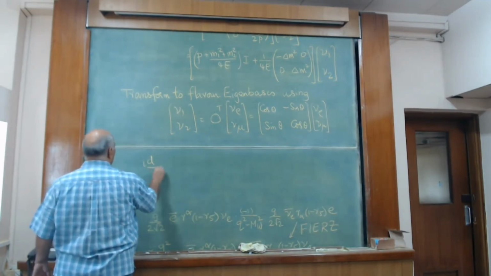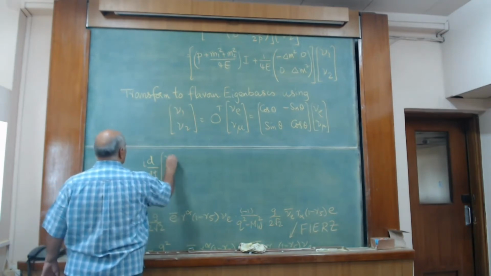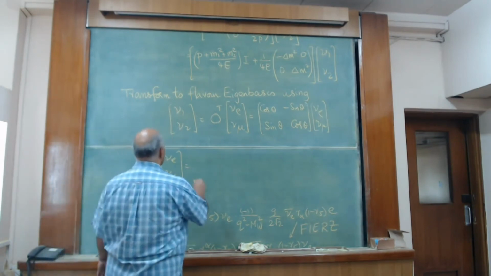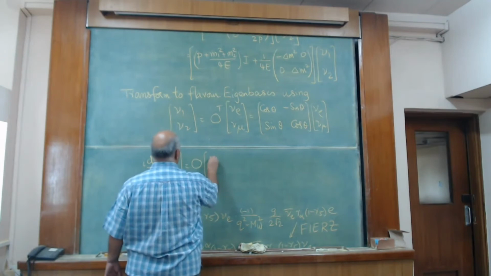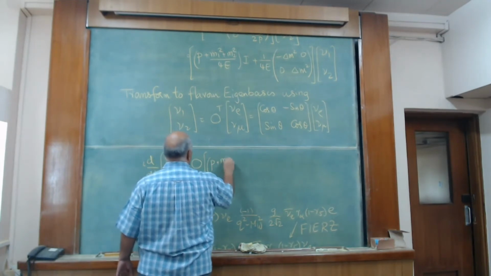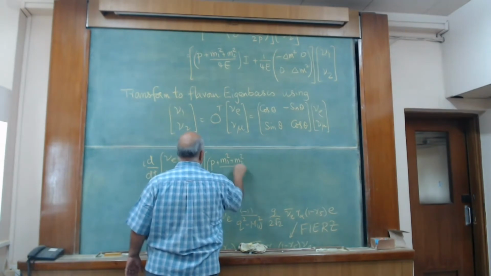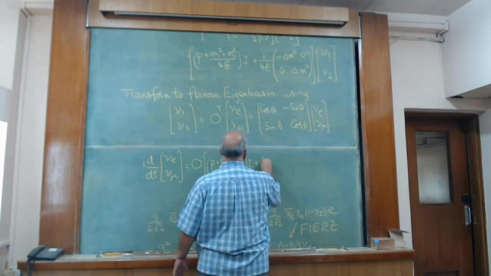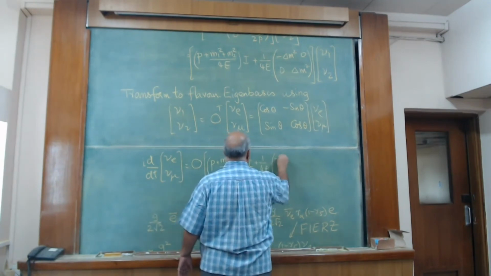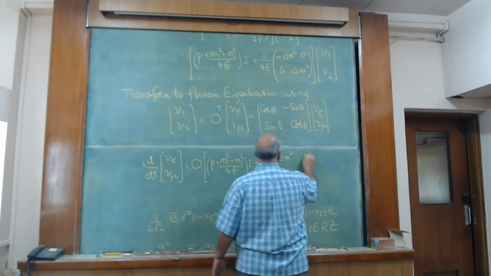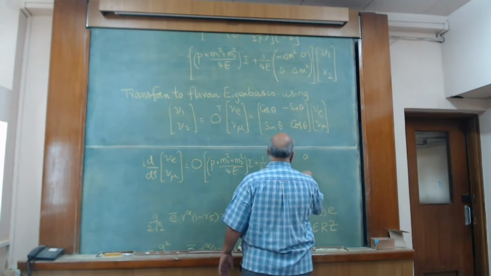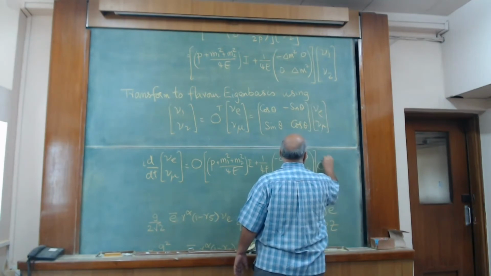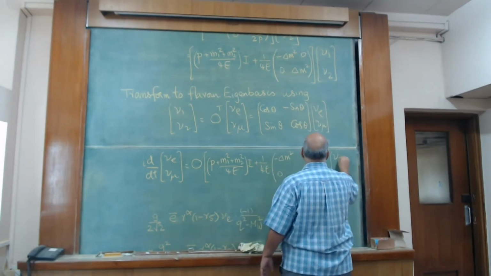i d/dt of nu e nu mu is equal to O times, p plus m1 square plus m2 square by 4E times identity, plus 1 over 4E times minus delta m square, 0, 0, delta m square, times O transpose times nu.